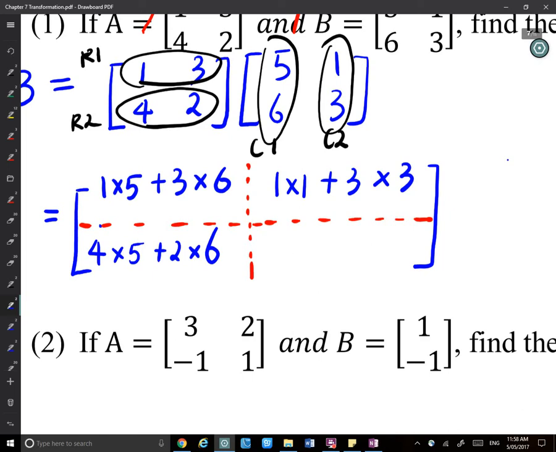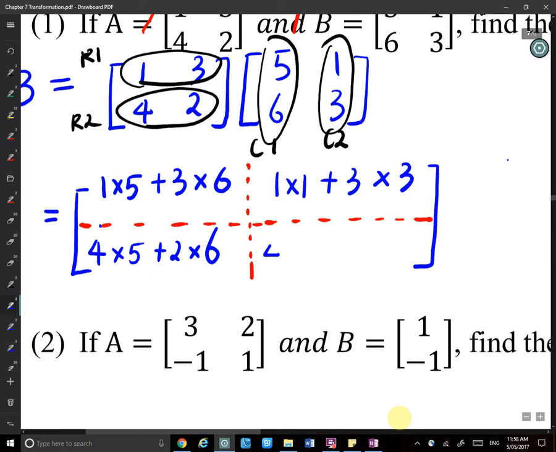And the last thing is row 2 times column 2, with the answer written in the row 2, column 2 place. So the first number in row 2 times the first number in column 2, add the second number in row 2 times the second number in column 2.